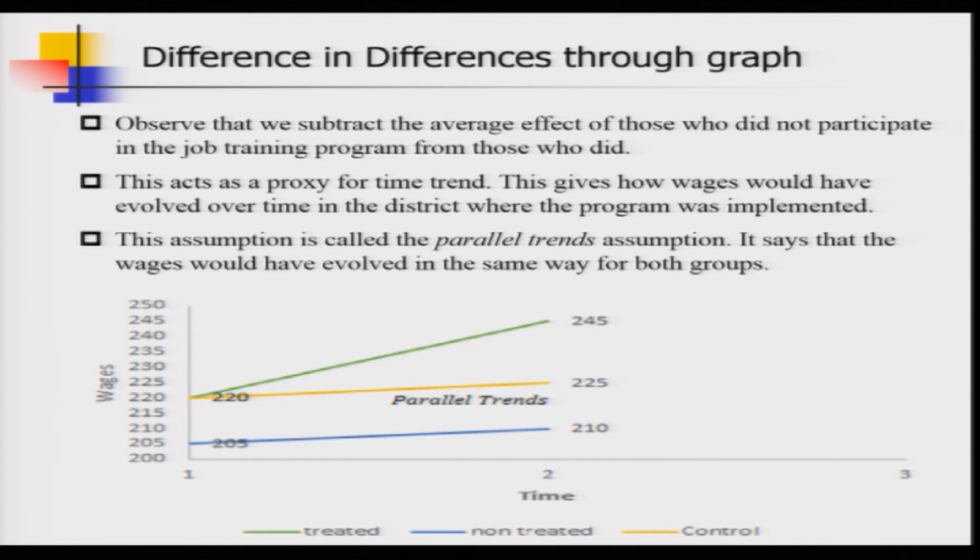Okay. So, it means that here this golden color straight line is actually talking about a counterfactual. How come? Because you see here. So, if there is no training program, and those who actually participated in the job training program did not get an opportunity to participate in that same program, how their salary could have changed over time.